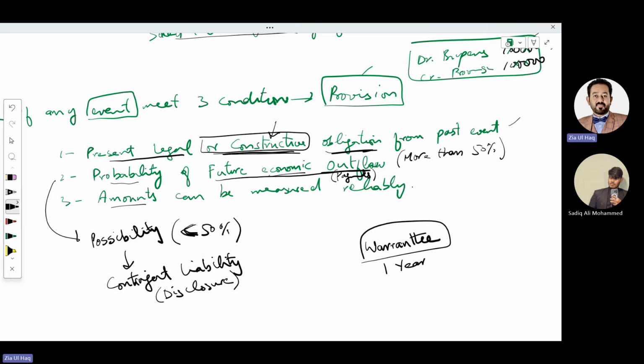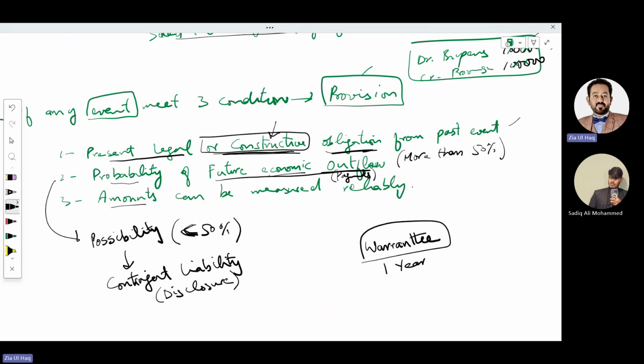Within 1 year, if there is any issue with the product, the customer can claim damages, can claim warranty. There are, in fact, 100% chances if the product is faulty that the customer can claim damages. And the amounts can be measured reliably.